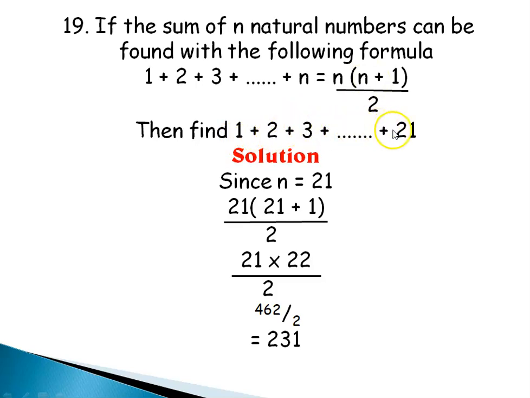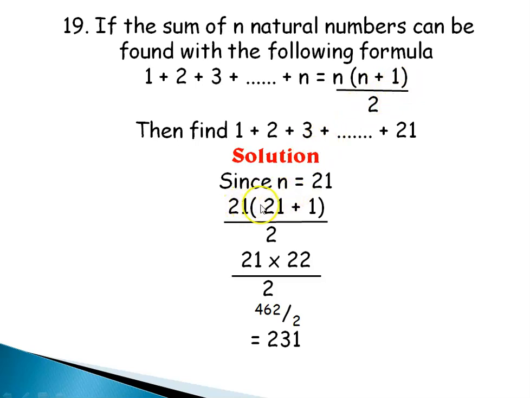That means you continue counting till you get to 21. So the number of natural numbers we have is 21. N is 21. All I need to do is to put this value of n into my formula. Anywhere I see n, I'm going to be putting 21.